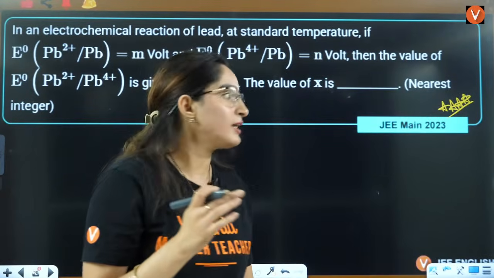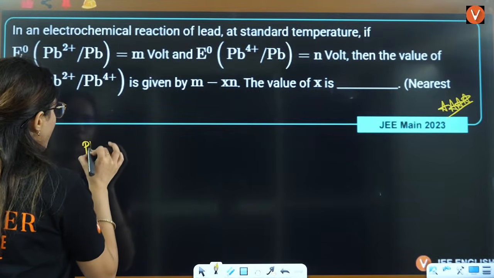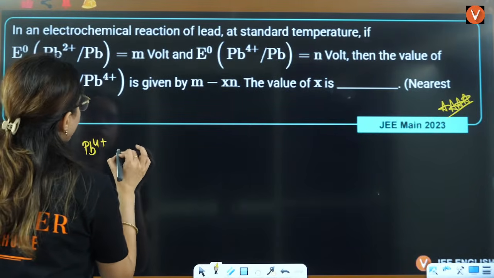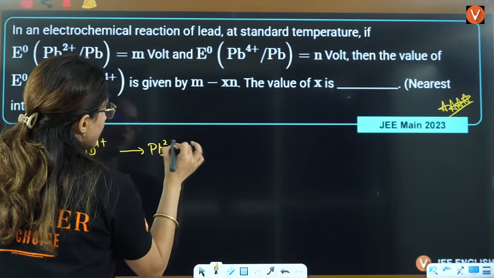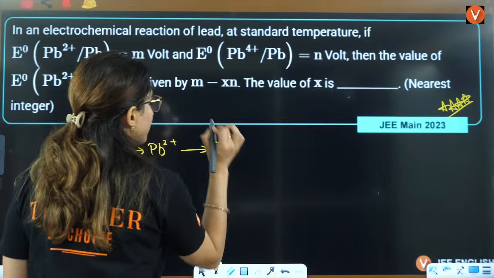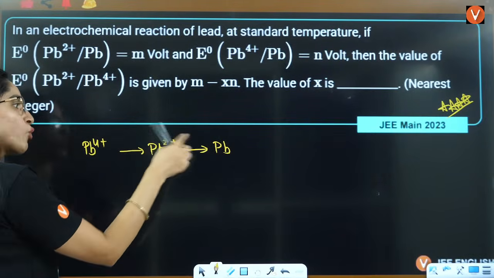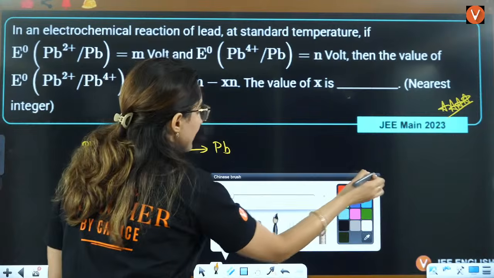We say that if you are reducing it like this, Pb4+ is getting converted to Pb2+, and then Pb2+ is getting converted to Pb. 4 to 2, oxidation number is decreasing, reduction. 2 to 0, reduction, right?